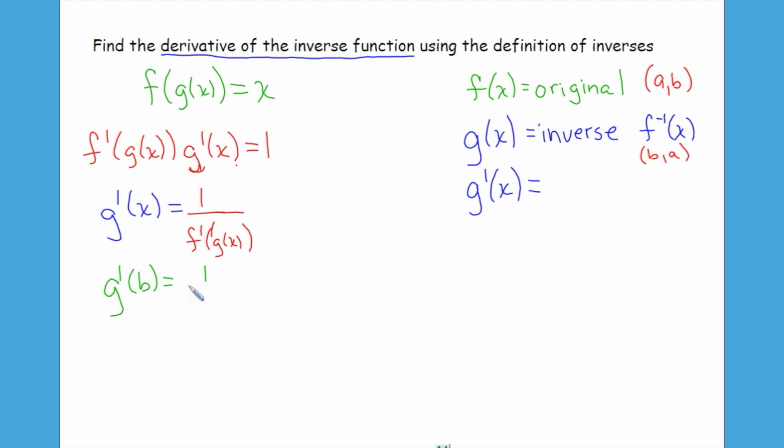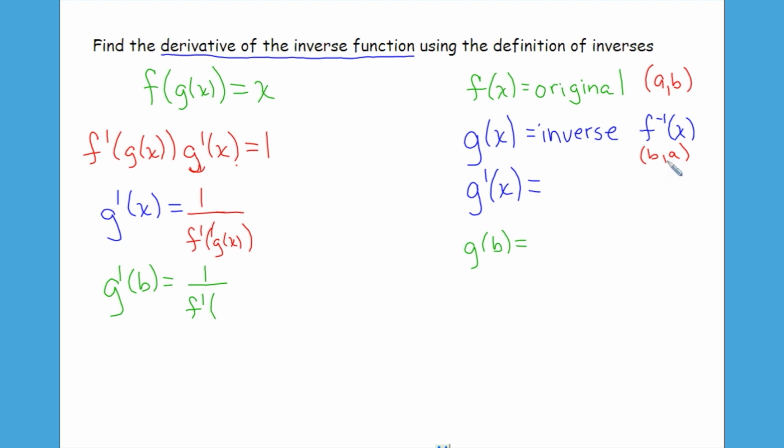And so if I want to find g prime of B, this is going to help us relate this a little bit better. Then what is, I'm putting a B everywhere, what is g of B? Well, this is the x. What is the y that goes with g of B?